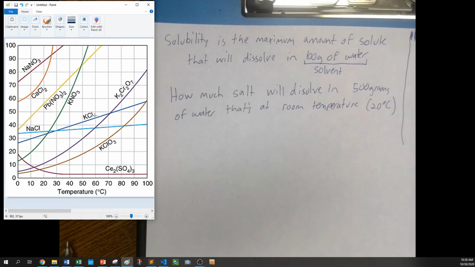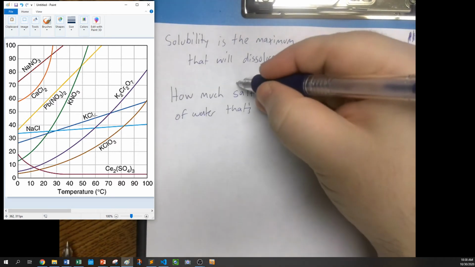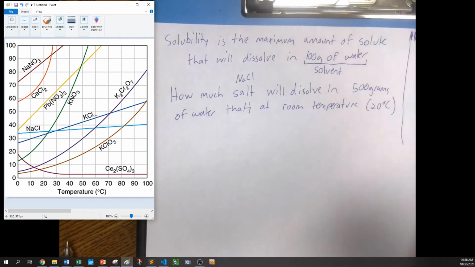So what is table salt? Have y'all memorized the formula? So that's sodium chloride. So that's blue line.